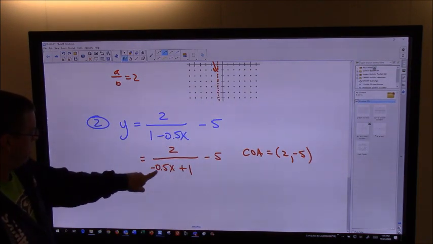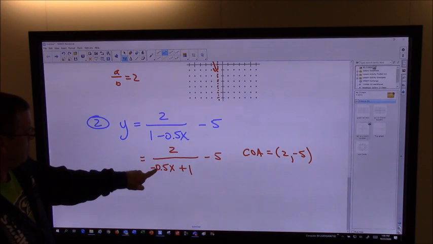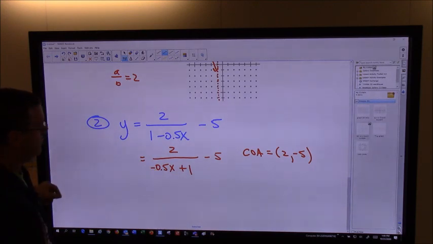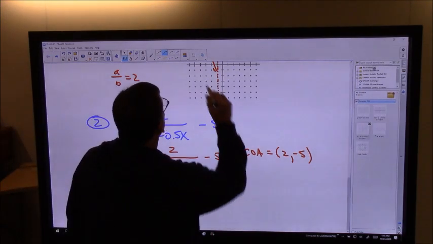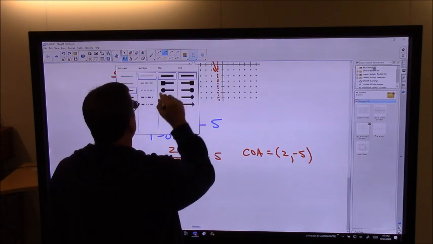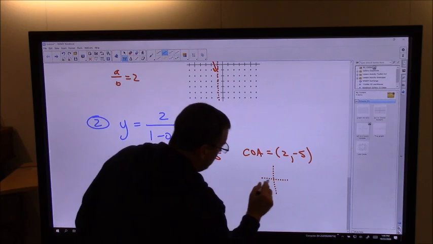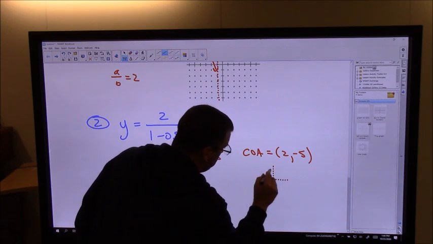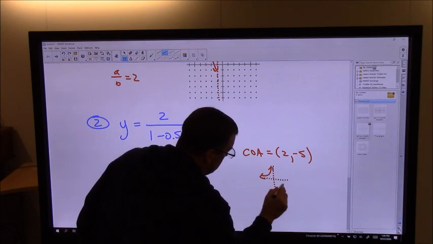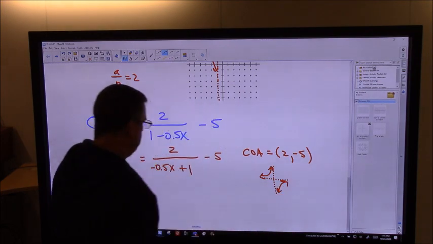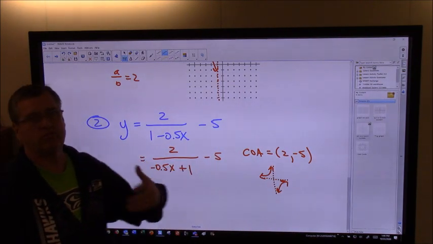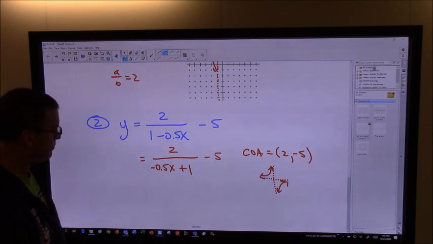I am flipping the graph across the y-axis. So when I graph this, this is my 2 asymptotes. The graph, instead of being here, it's getting flipped over to this part, and this one will be right here. Okay, that's not my graph, I'm just telling myself here's what it looks like.